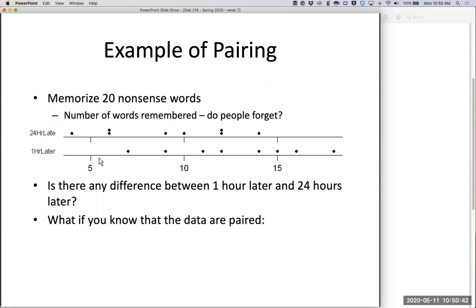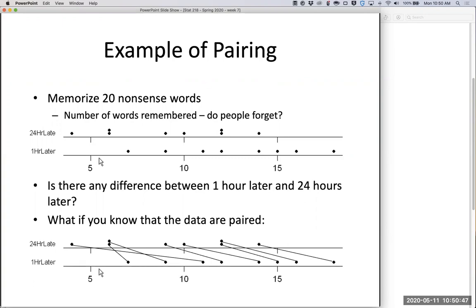But if I told you these data come in natural pairs, you see that in the case of every single student, from 1 hour later at the end of class one day to 24 hours later at the beginning of class the next day, every single student forgot at least some of the words.